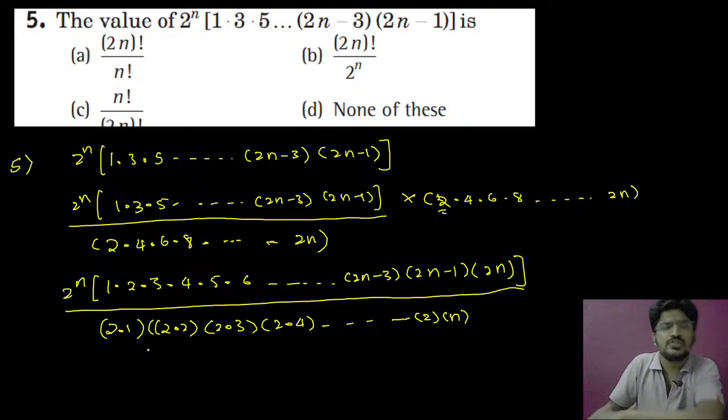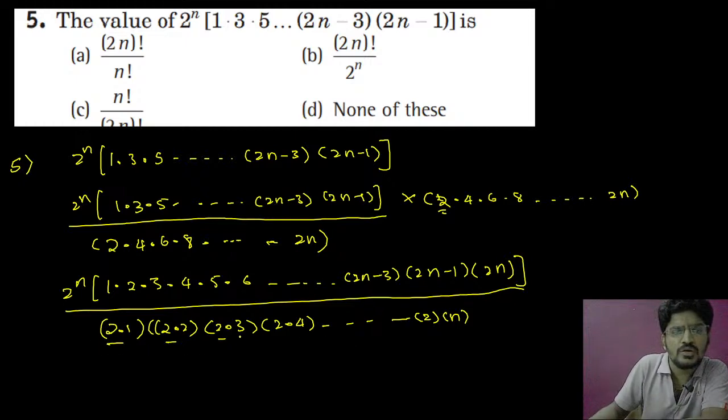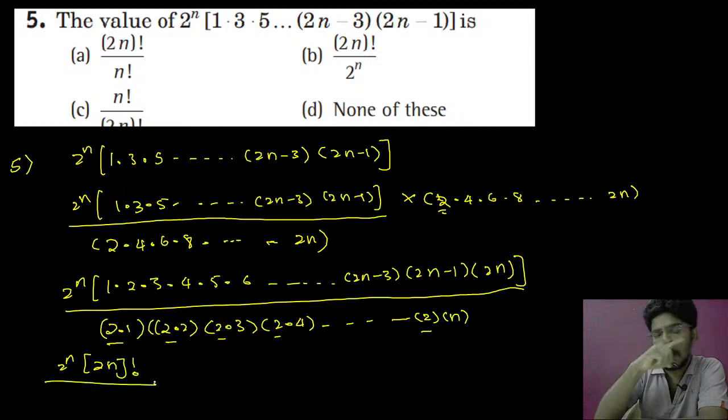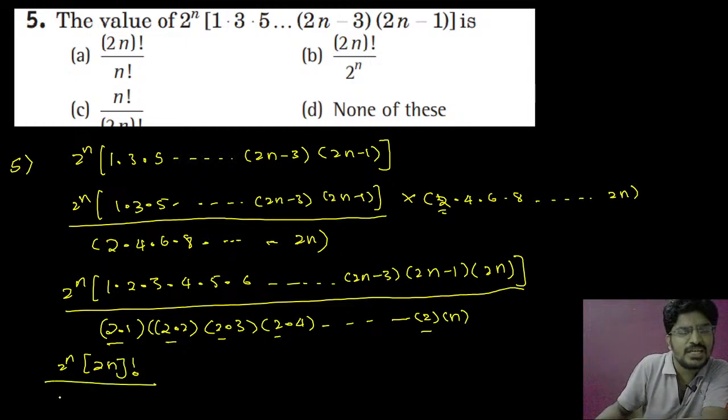So here 2 is repeating for how many times? N times. So therefore you write this 2 to the power of n as it is, and this whole term can be written as 2n factorial divided by. Here 2 is repeating for n times, so you can write it as 2 to the power of n.